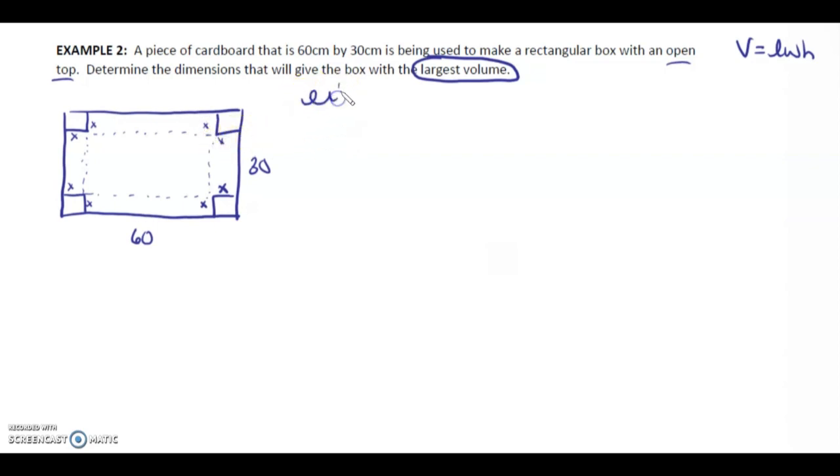So we can say, let x represent the height of the box, because once you fold these sides up, x becomes the height. Now we have to take a look: if we cut out here and here, what's our new width?